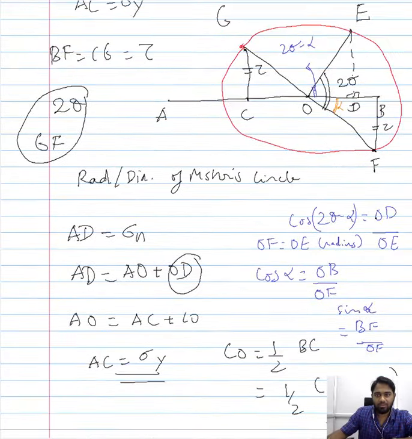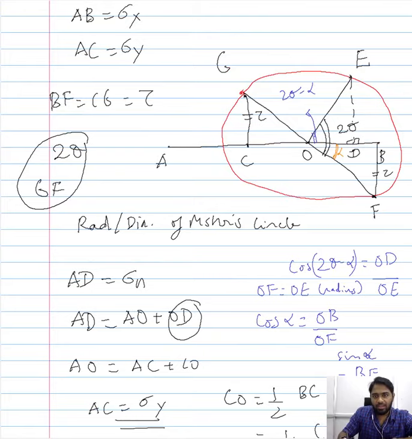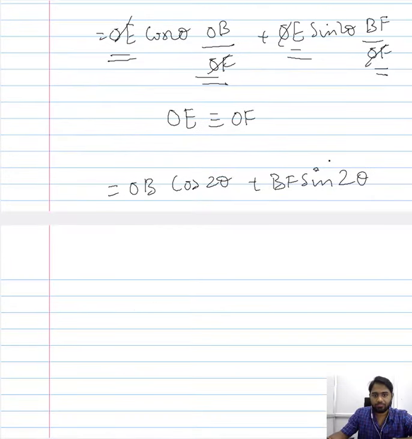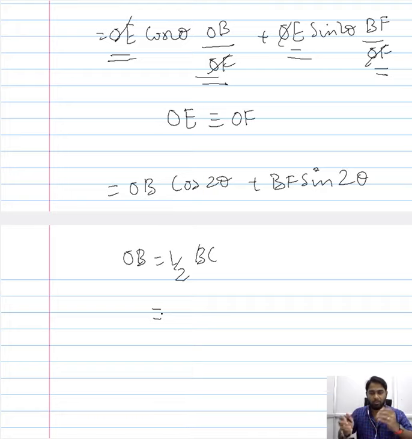Now you have OB and BF related to sin 2 theta and cos 2 theta. We know OB, which we have already considered, is half of the line BC. So OB is nothing but half of the line BC, and this is the radius of our previous Mohr circle, wherein we just had mutually perpendicular biaxial tensile load.